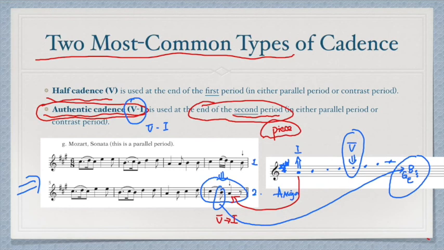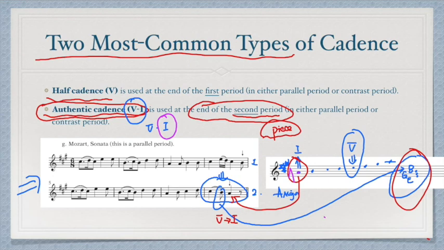That is authentic cadence, which means you can choose any of the three notes from the dominant harmony and go to the tonic. Remember, here is a very important point: in the authentic cadence, the tonic just means the tonic note, which is just A, rather than the tonic harmony, which contains three notes.